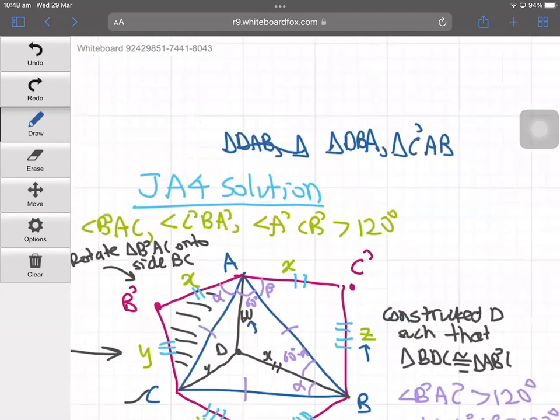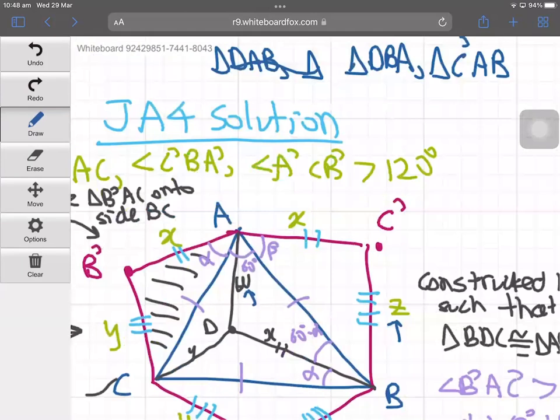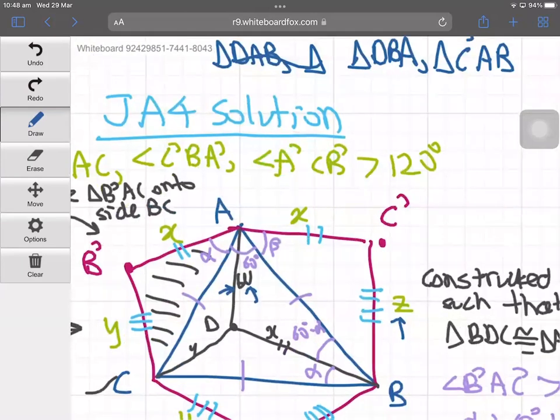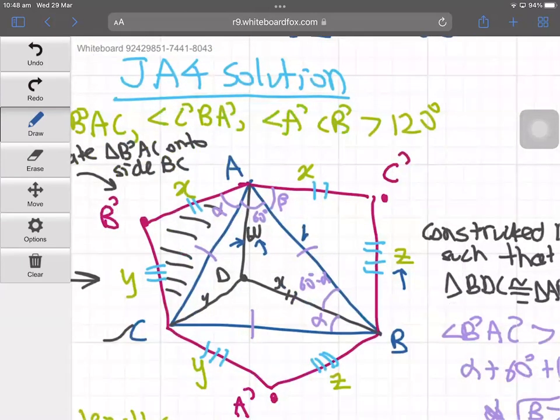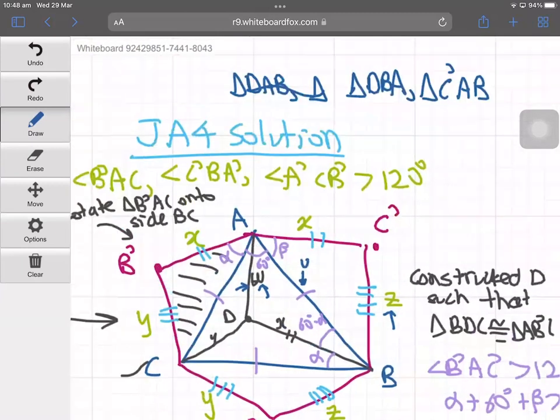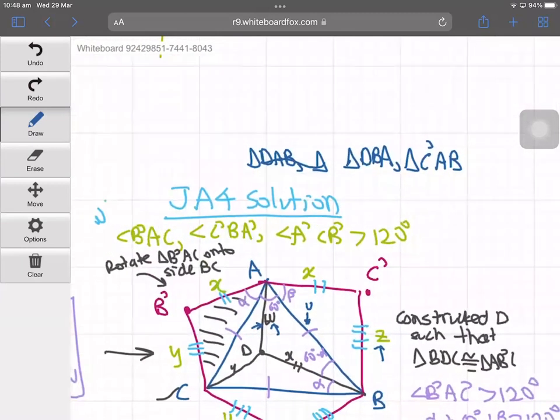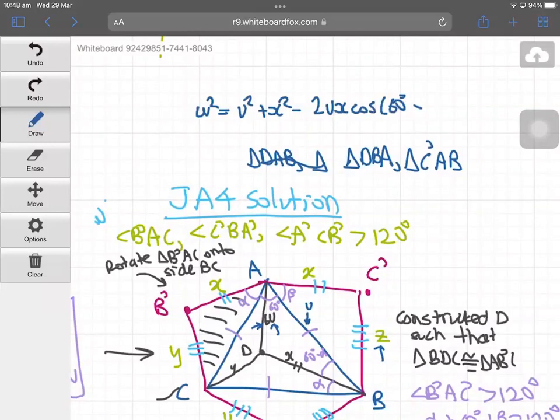So if we want to find W, let's say that AB is equal to U. Now, if AB is equal to U, we can write W squared equals U squared plus X squared minus 2 UX cos 60 degrees by the cosine rule on triangle DAB.